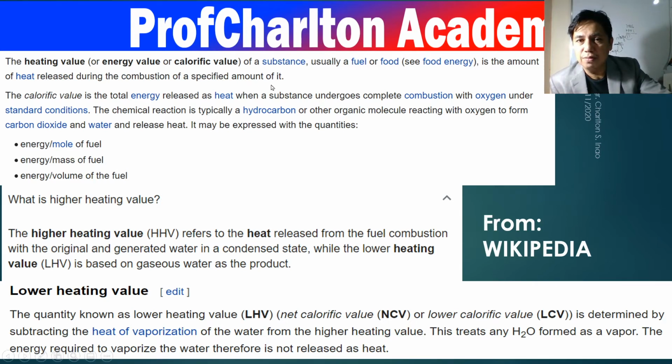Now, the higher heating value is based on the original and generated water in a condensed state, meaning liquid, while the lower heating value is based on gaseous water as the product, or steam. The gaseous state of water is steam.